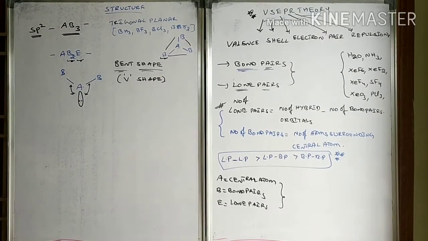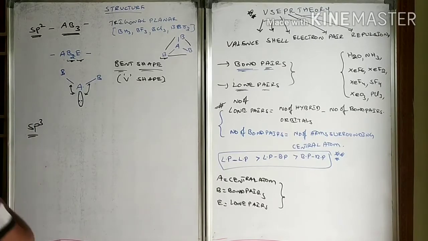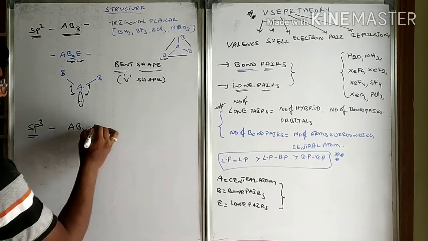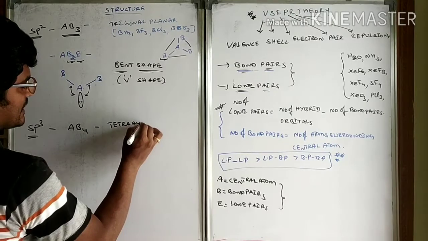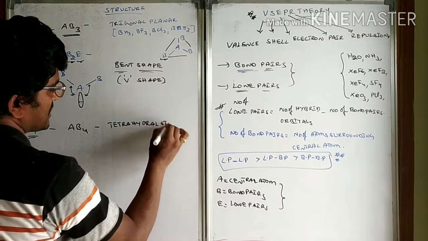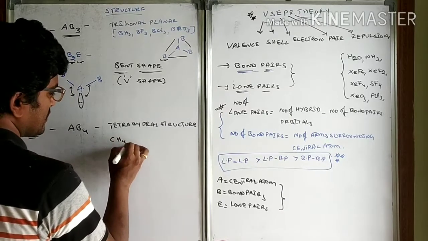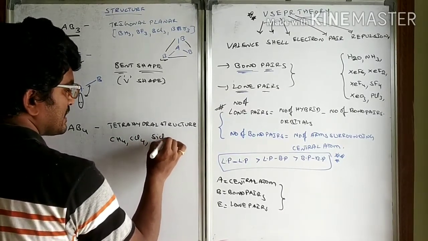Next go to the sp3 hybridization. Whenever it is sp3 hybridization, the molecule we can have is AB4. AB4 means it will have a tetrahedral structure. Examples you can have are CH4, CCl4, SiCl4.